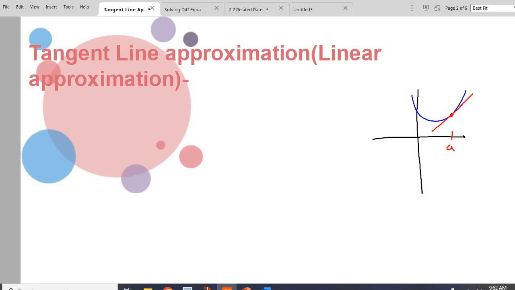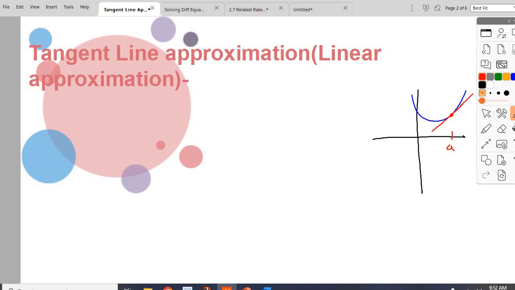You with me? Basically what a tangent line approximation or linear approximation does is, maybe I don't have a ton of information about my blue function. So what I can do instead is say I want to find this number that's really, really close to A, but I don't have enough information to actually find the actual value.